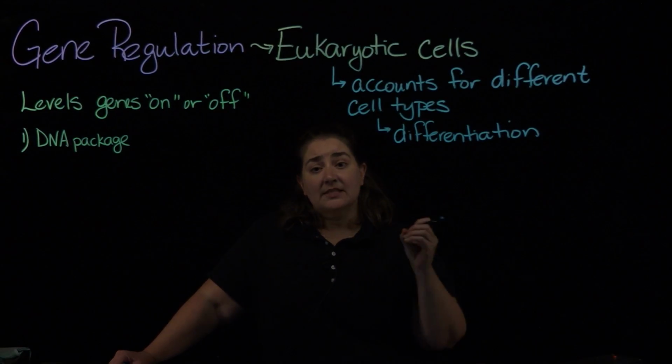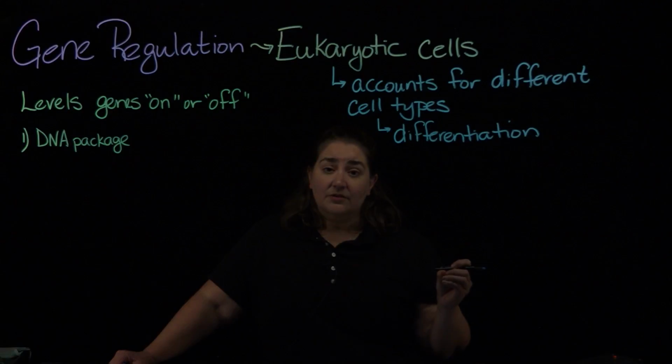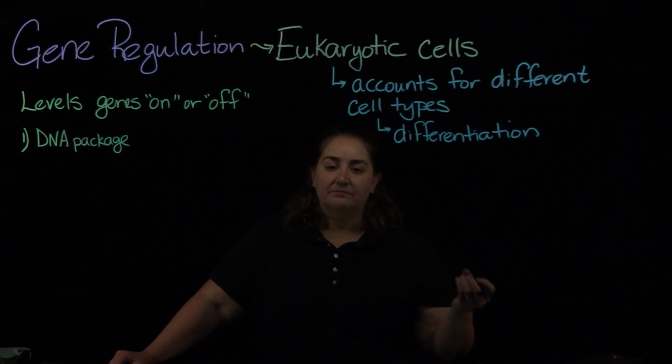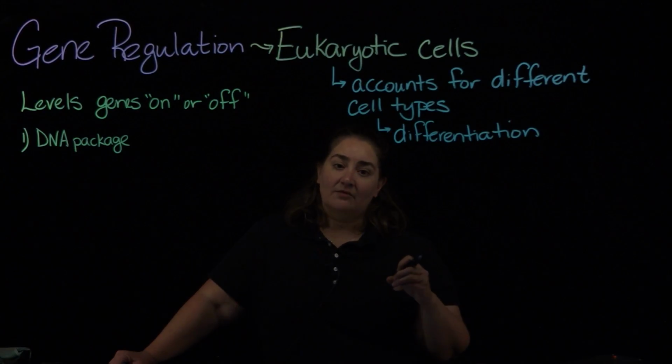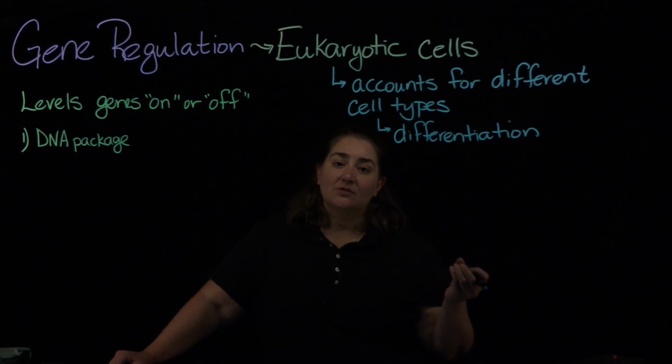You've got different sets of genes being expressed, okay? There are certain genes that are needed for muscle cells, all right? You need lots of actin, you need lots of myosin. Kidney cell, you're not going to need a whole lot of actin and myosin in the kidney because the kidney isn't responsible for movement. Kidney is responsible for filtration.